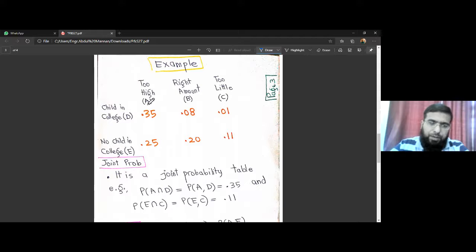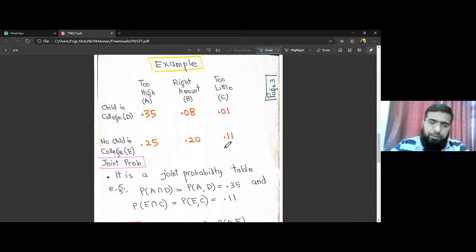In the first column we have probabilities for both kinds of parents who think the fee is too high, whether they have a kid in college or not. Similarly, the second column gives us the probabilities of whether they think that the fee charge is correct or right. And the third column tells that the fee charge is too low.